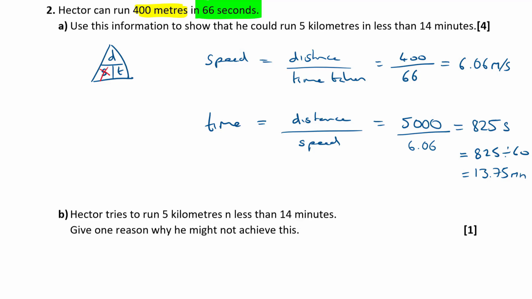If it was any other sort of question, maybe convert into minutes and seconds. But here I just need to show that it's less than 14 minutes, which I've kind of done already. So I'm just going to finish off with that then. So I can therefore say, Hector could run it in 13.75 minutes.